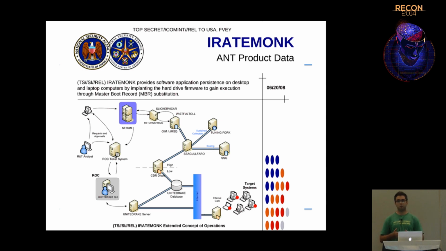Even if you format the hard drive, you will get back the malicious master boot record they installed, and this one will infect your Windows system again. So even if you try everything that is normally recommended, like formatting the drive and removing all the data, this backdoor is still persistent.